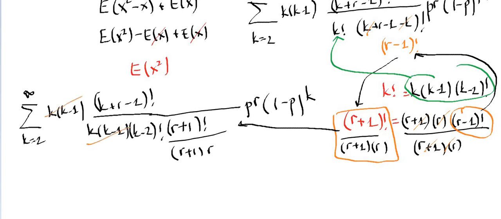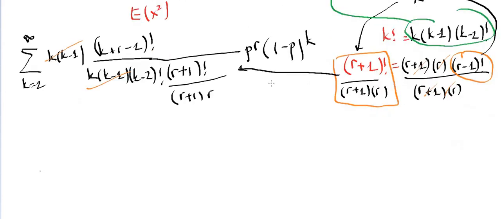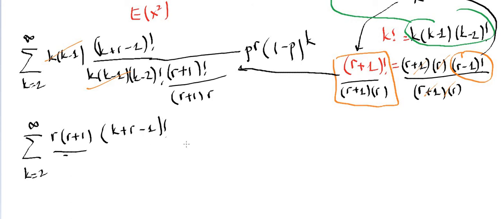Now we can cancel these, and a number over a fraction, we can merge them, so (r plus 1) times r will be on the numerator. So summation k from 2 to infinity, we have r times (r plus 1) on top, (k plus r minus 1) factorial over (k minus 2) factorial times (r plus 1) factorial.